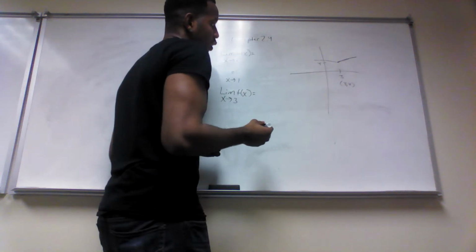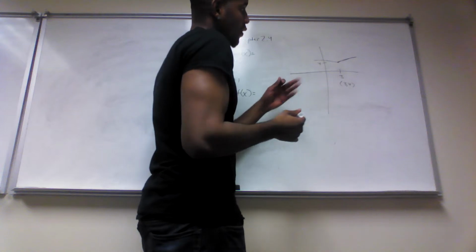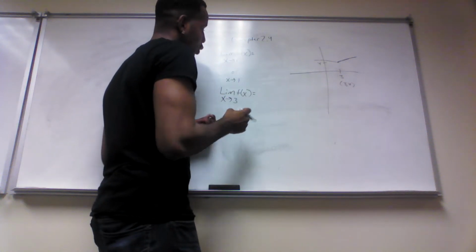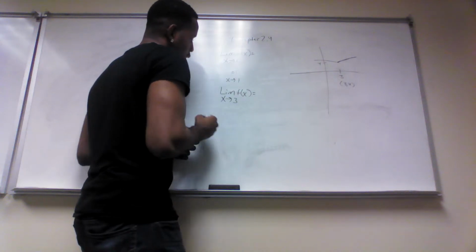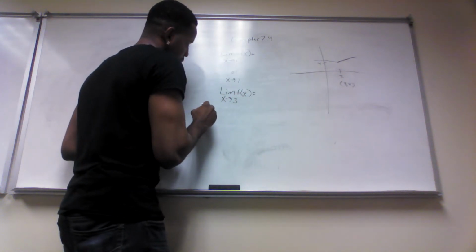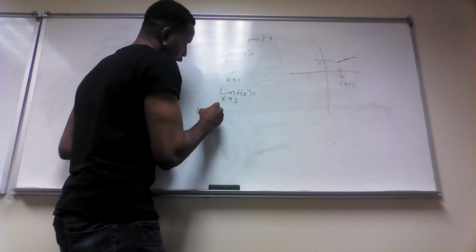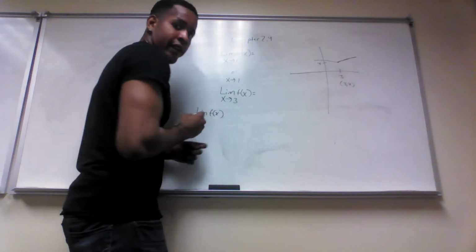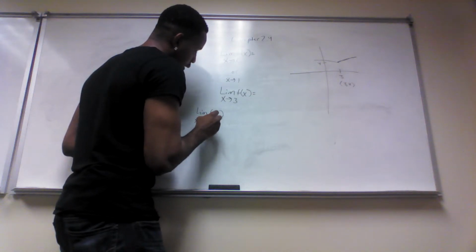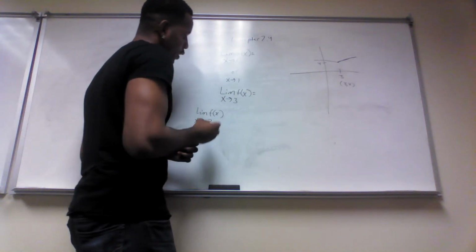So now we have our graph. We're going to figure out what the limit of f of x as x approaches 3 is. We're going to figure out what it is coming from the left side first: limit of f of x as x approaches 3 from the left.